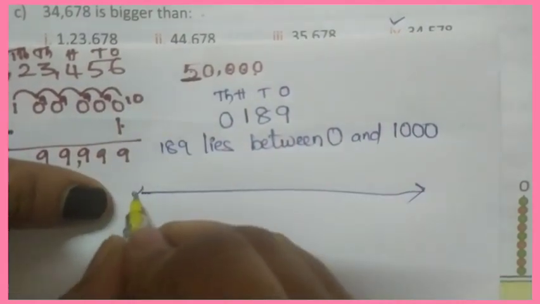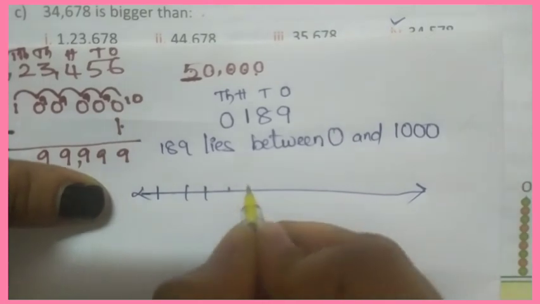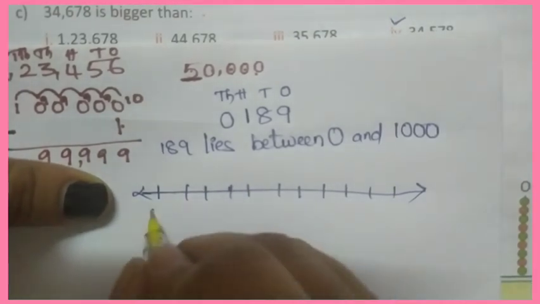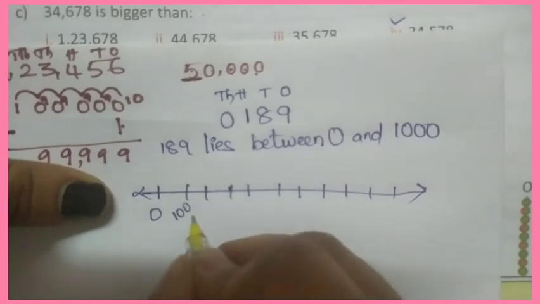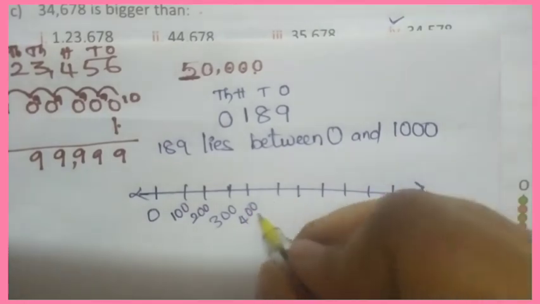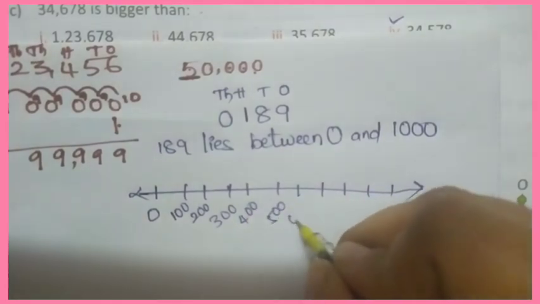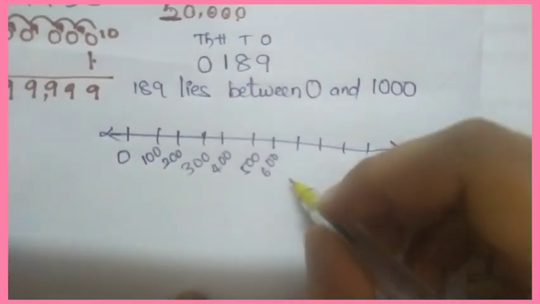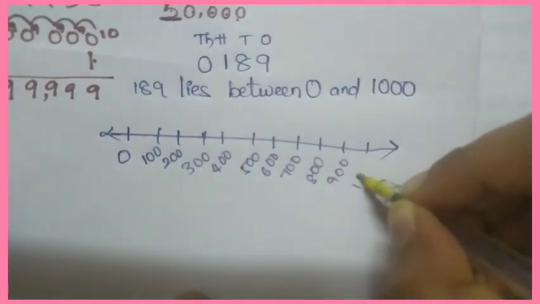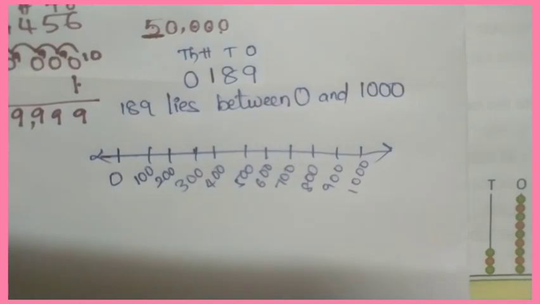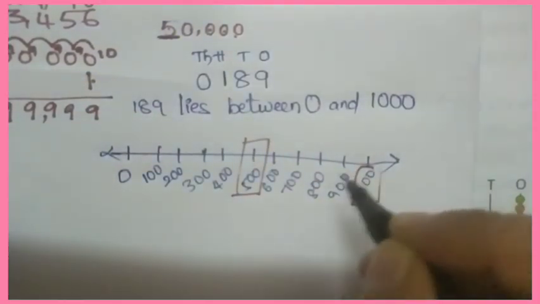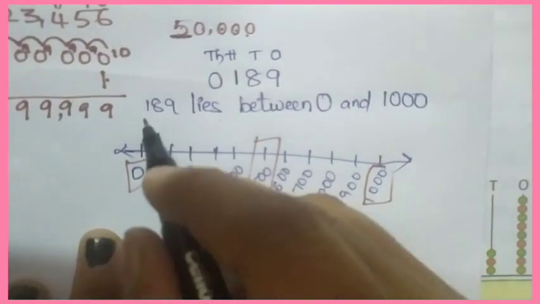If they give thousands, we will take a gap of 100. Difference. 0, 100, 200, 300, 400, 500, 600, 700, 800, 900, 1000. Okay. This is the starting point, midpoint, ending point.